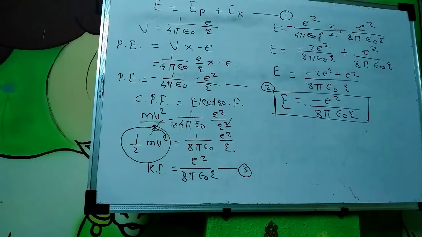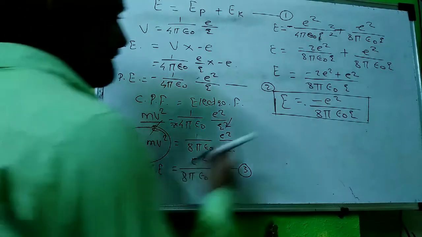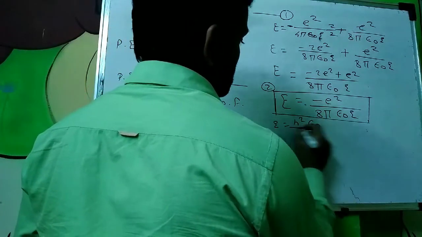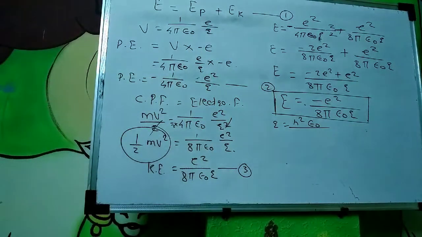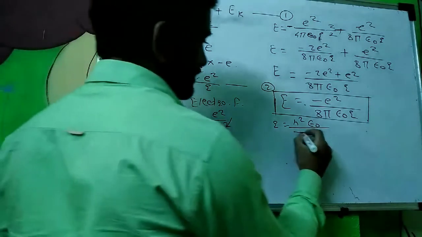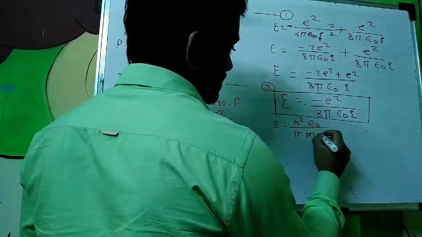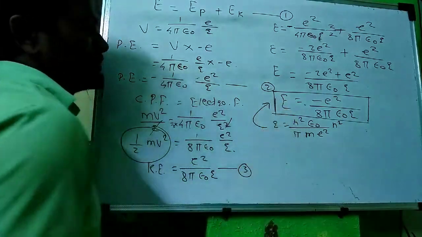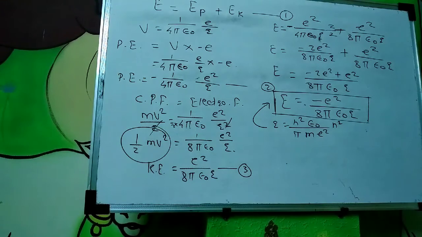The value of r is h square epsilon naught divided by pi m e square into n square. Put the value of r which we had in the previous expression.